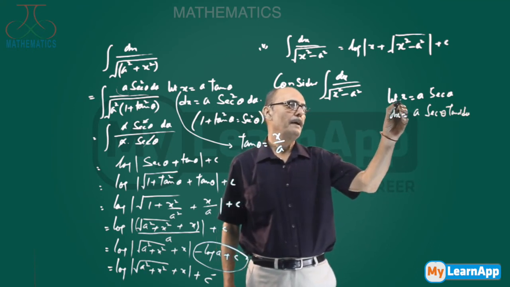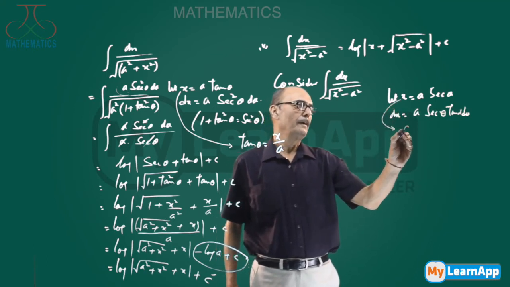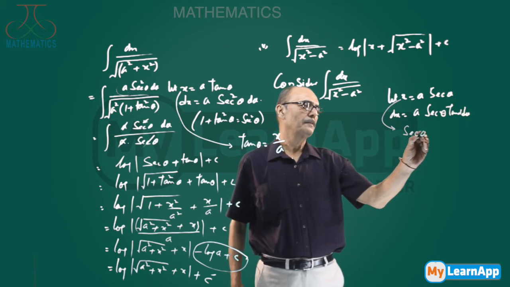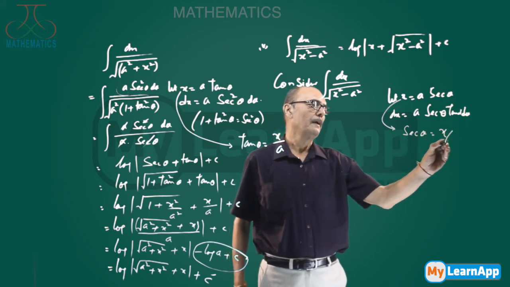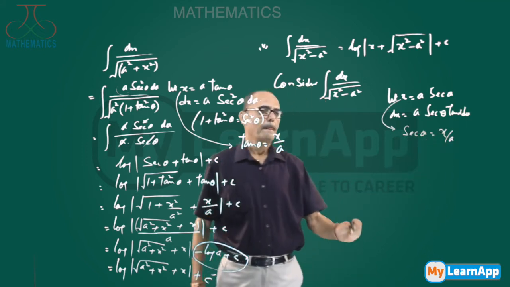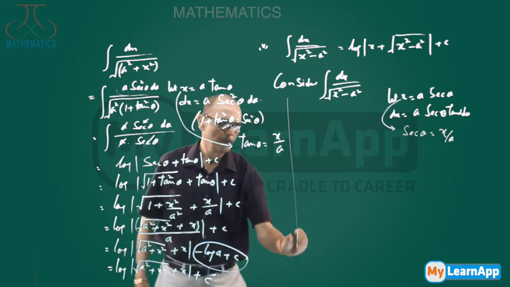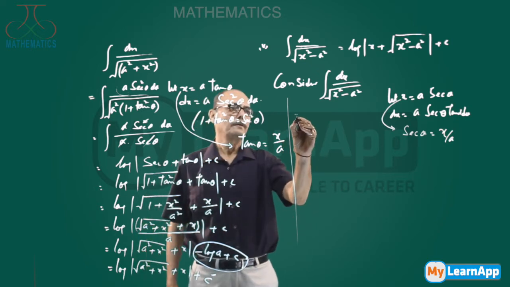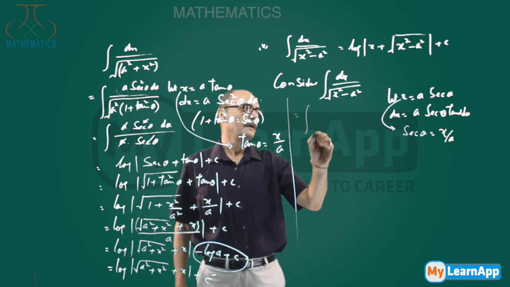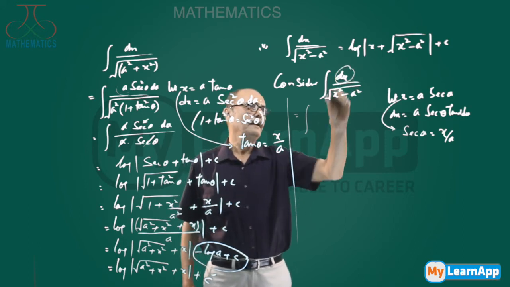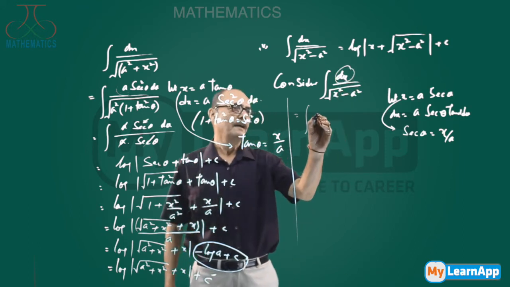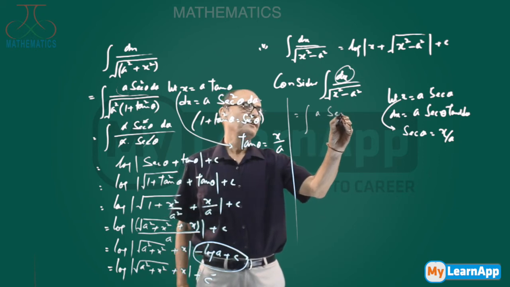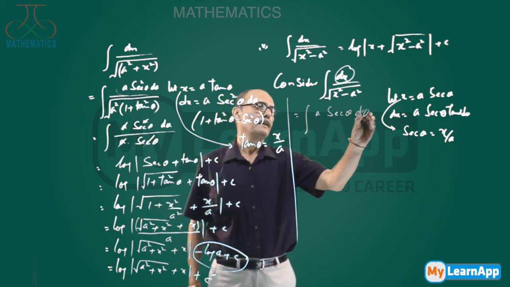So from here we have secant of theta equal to x upon a. So this is equal to the integral, replace this dx by a secant of theta tan of theta d theta.